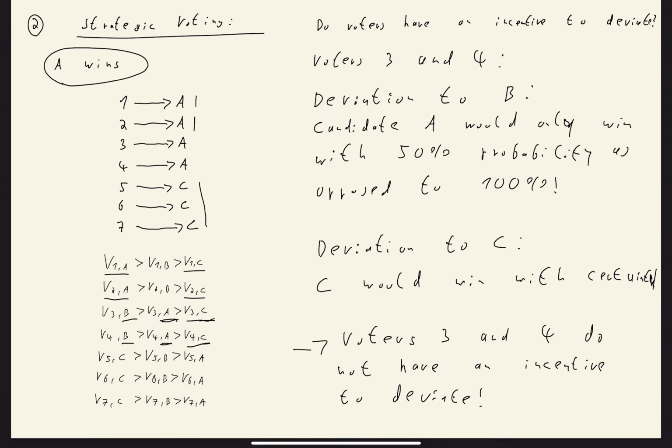Okay. So what we have so far is that voters 1 and 2 have no incentive to deviate, and voters 3 and 4 have no incentive to deviate.